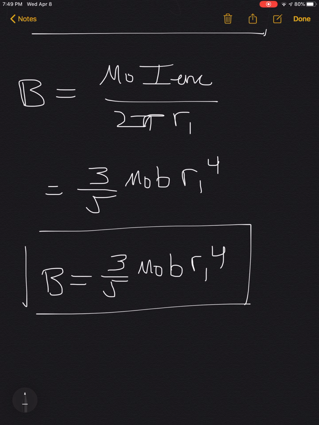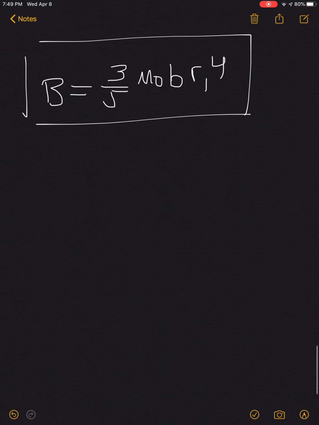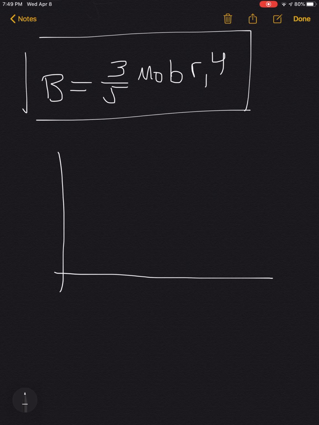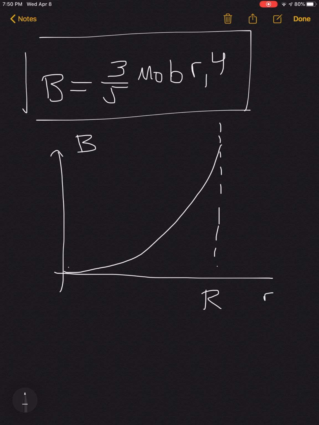Therefore, the B field is actually growing. If you wanted to plot this, it's essentially growing with r to the 4th power. So this is r, this is b, and you've got something that's growing like r to the 4th until it reaches the value R, at which it reaches its maximum value.